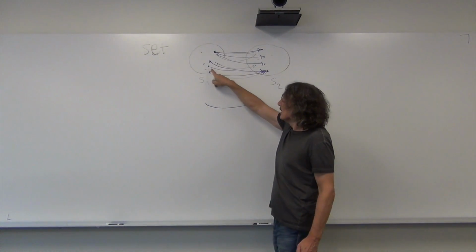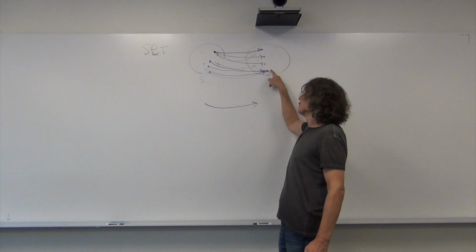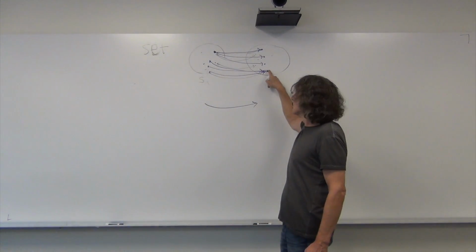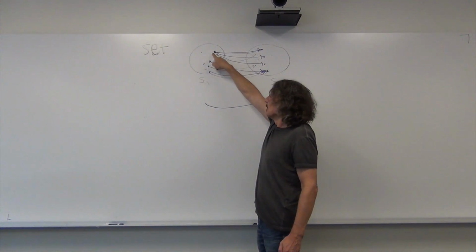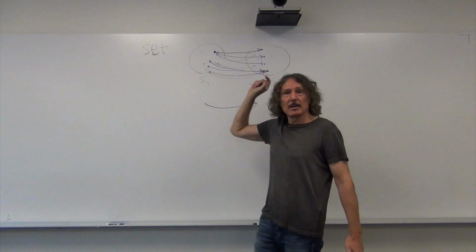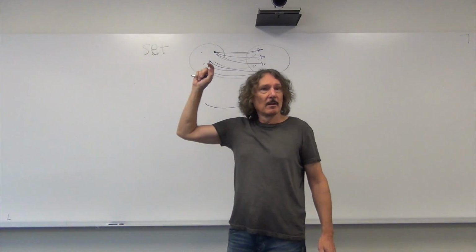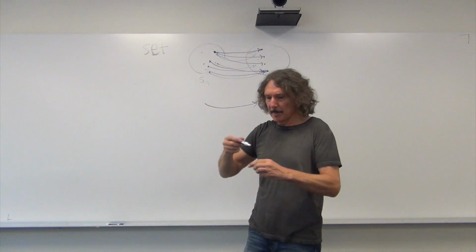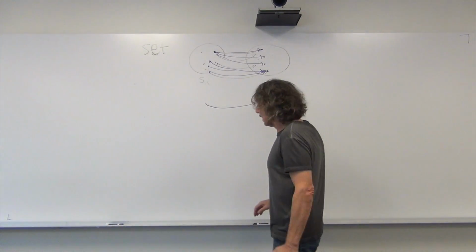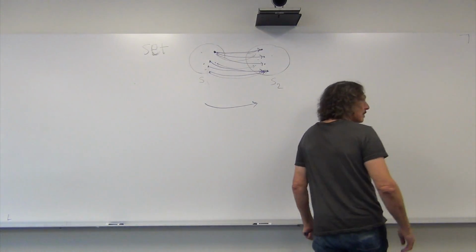So many elements from set S1 can be in relation with a single element in set 2, or one element from set 1 can be in relation with many elements from set 2. Both are okay for a relation. One of them is not okay for functions.